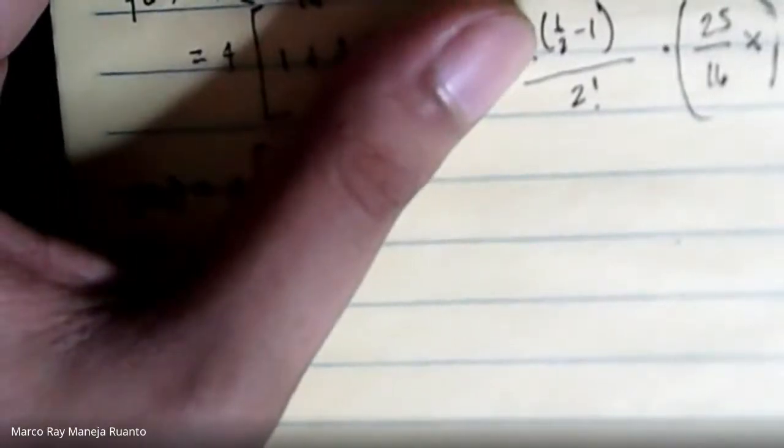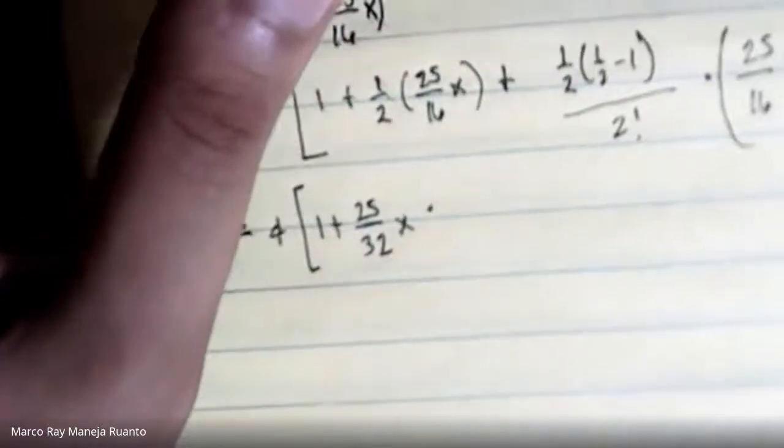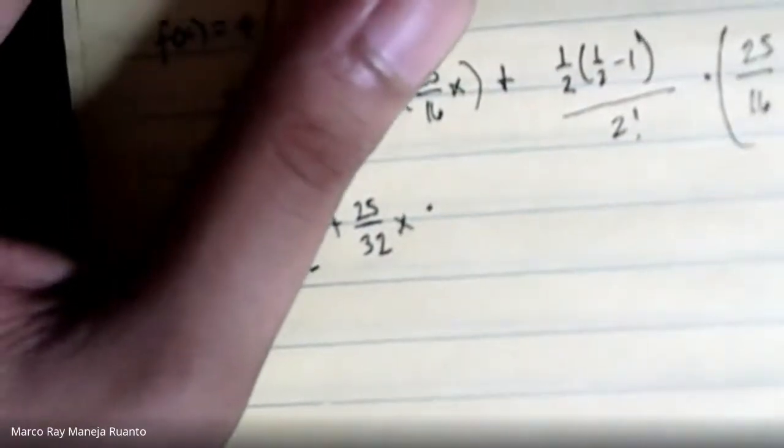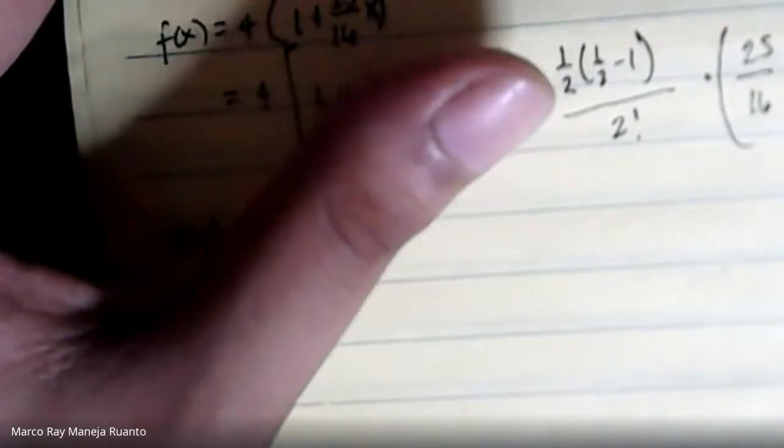Next, 1/2 minus 1 is negative 1/2, times 1/2 is minus 1/4, divided by 2 is minus 1/8.